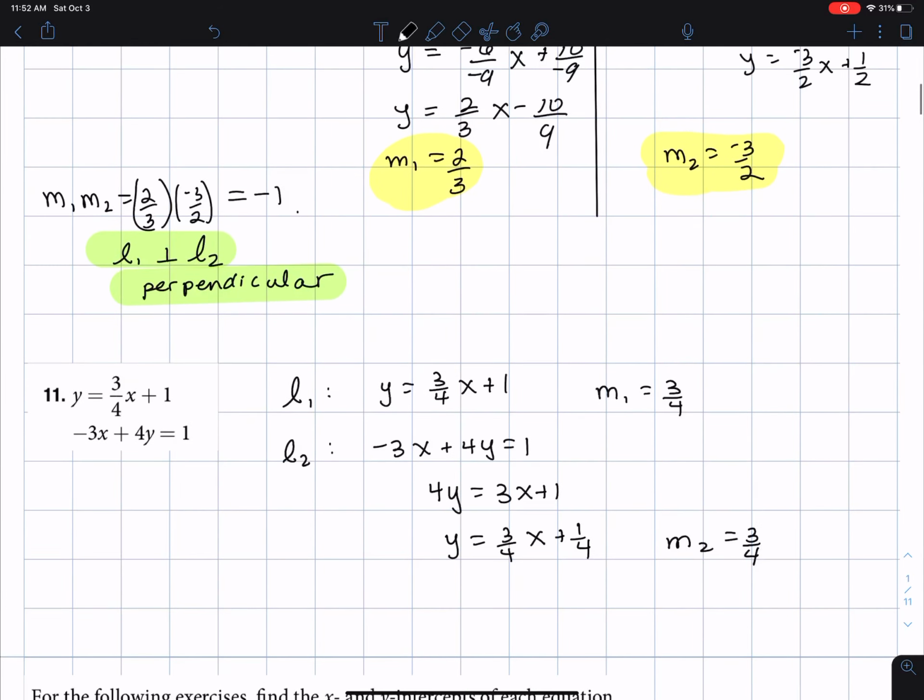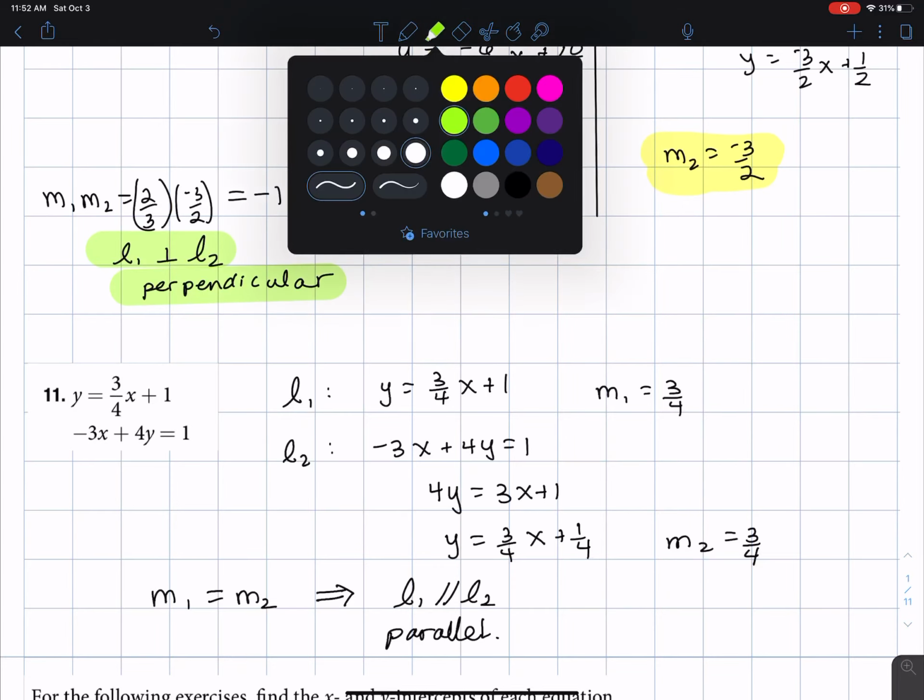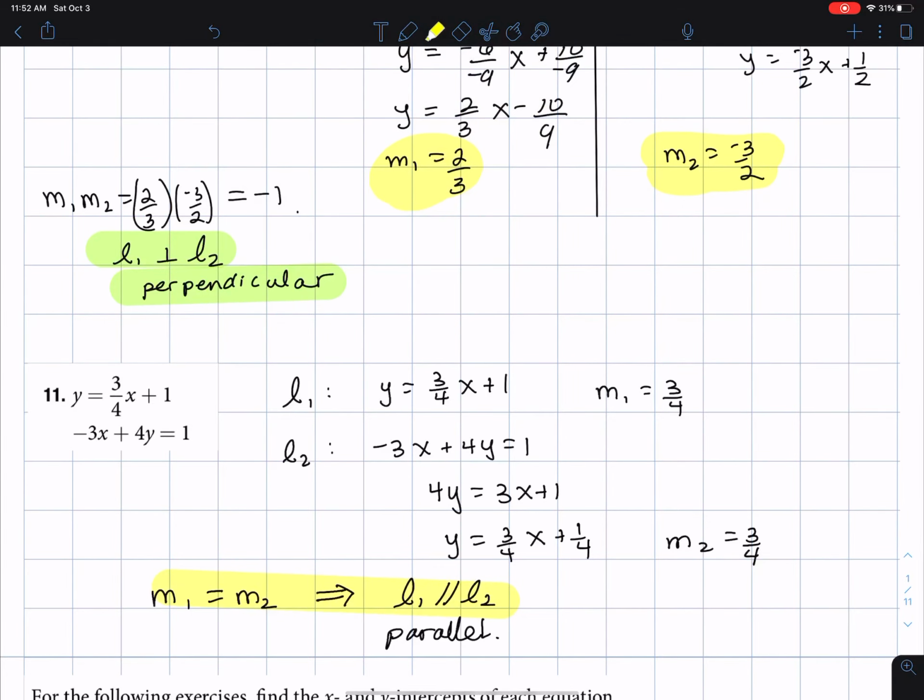So then I'm going to write down that m1 equals m2, which implies that L1 is parallel to L2. All right, parallel. If you have the slopes equal to each other, we have parallel lines. If the product of the slopes is negative 1, in other words, the slopes are negative reciprocals of each other, then the lines are perpendicular.